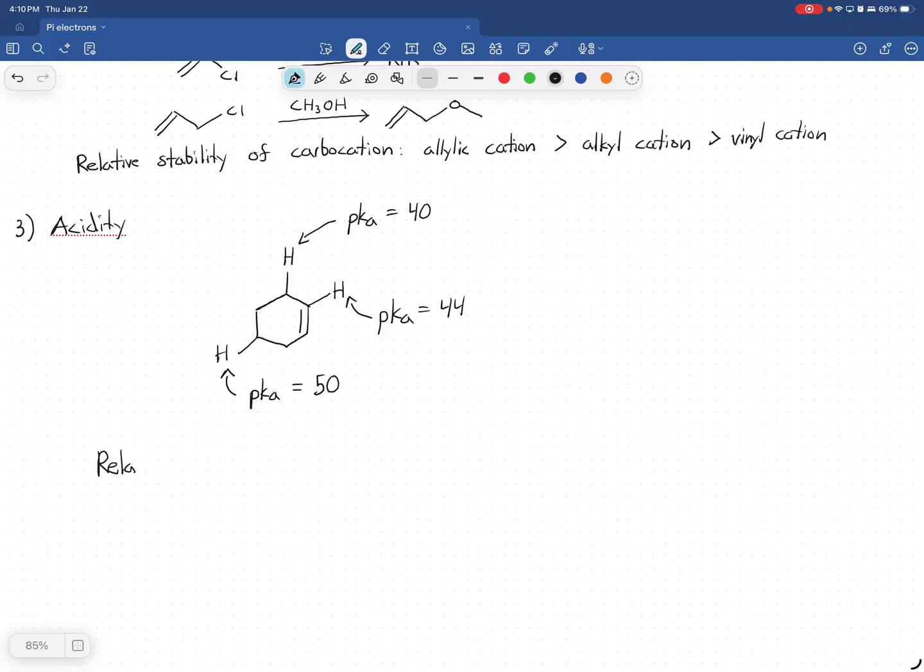Okay. So let's talk about the relative stability of a carbanion. So here this would be our conjugate base.